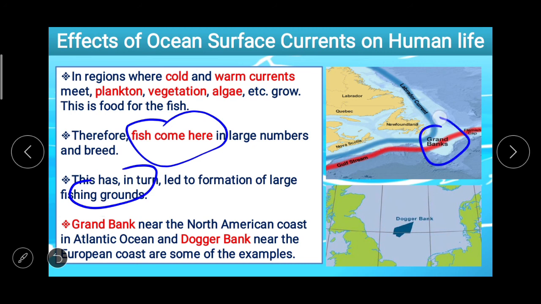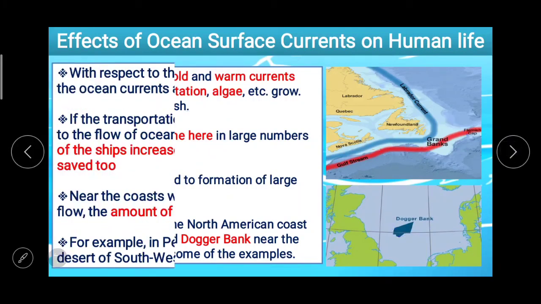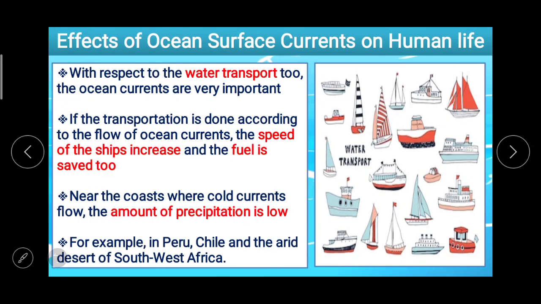Grand Banks near the North American coast in Atlantic Ocean and Dogger Bank near the European coast are some of the examples. With respect to water transport, ocean currents are very important, because comparing to the other ways of transportation, water transport is cheap.